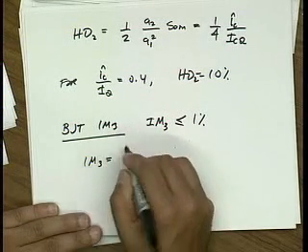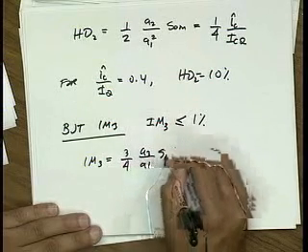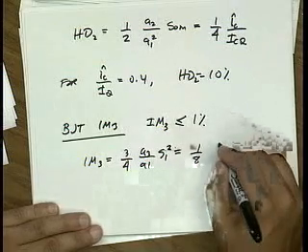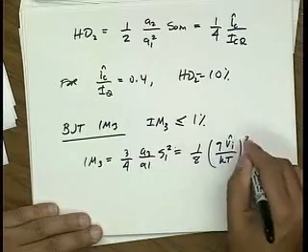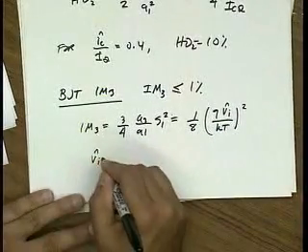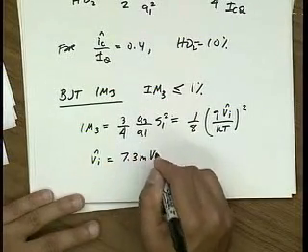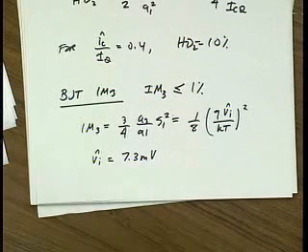So IM3, which is 3/4 A3 over A1 times V input squared, gives us 1/8 Q V input over KT squared. And if I solve that, I get that the input can't be larger than about 7 millivolts. Again, that's a pretty small voltage.